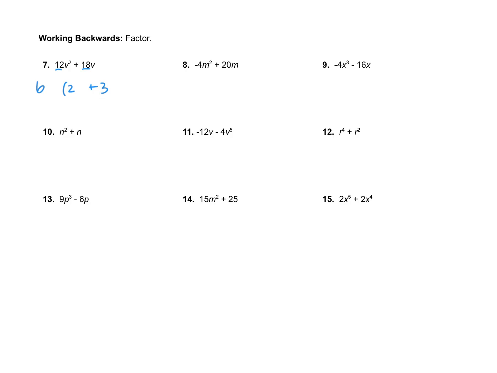Now, if I look at the v's, I have 2 v's here and 1 v here. I have 2 v's I can divide out of the first term, but only 1 I can take out of the second term. So in total, I can divide a v out.